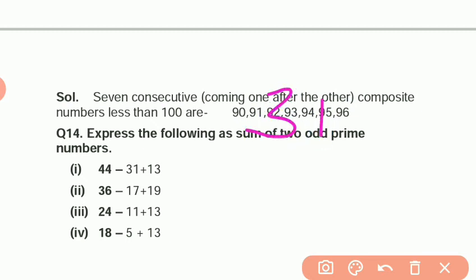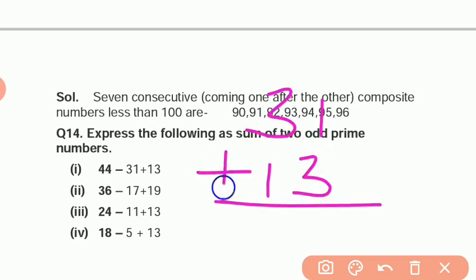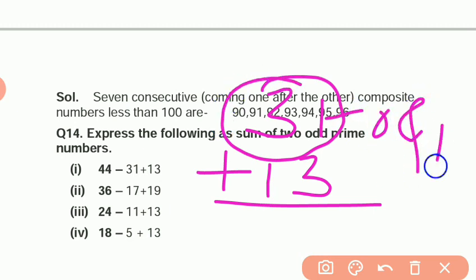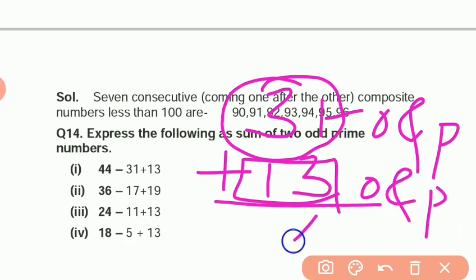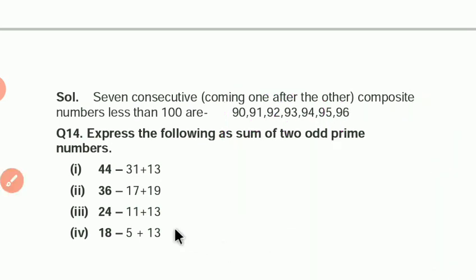So you can see that 44 is the addition of 31 and 13. 31 is both odd and prime. Same with 13, it is both odd and prime. If we add 31 plus 13, we get 44. We have to check both conditions: it should be odd and also prime.